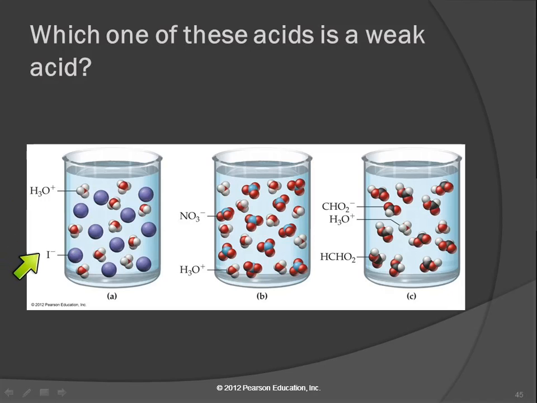It takes a while to realize what you're looking at. So this has iodide ions and hydronium ions. And this solution has hydronium ions and nitrate ions. And this solution has three different things in it, right? These two are ions, and this is the molecule. So this guy is the weak acid because it did not completely ionize.